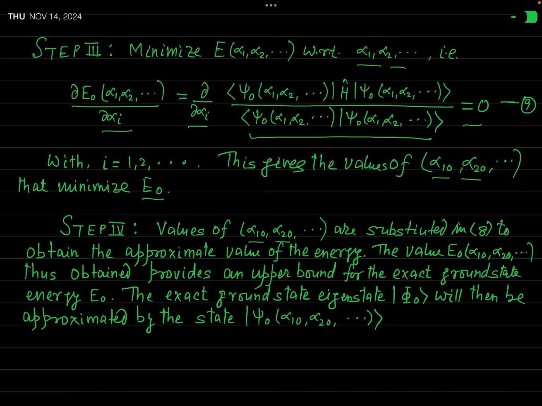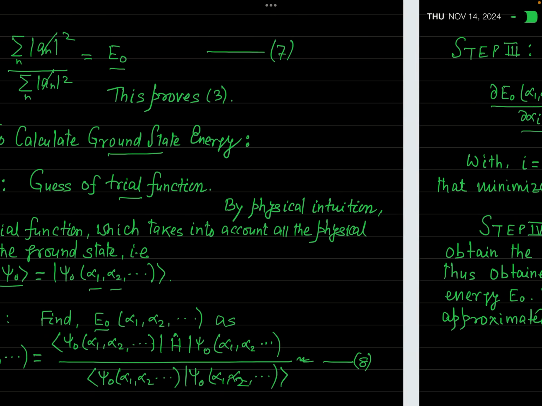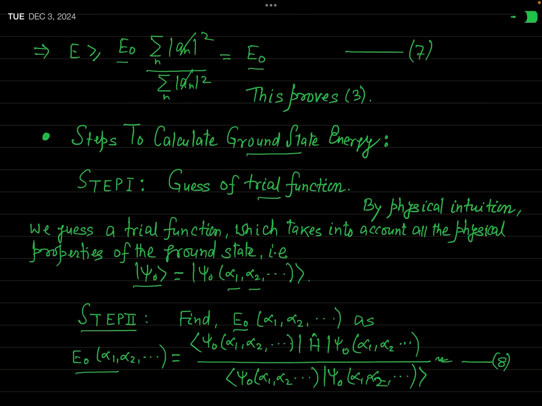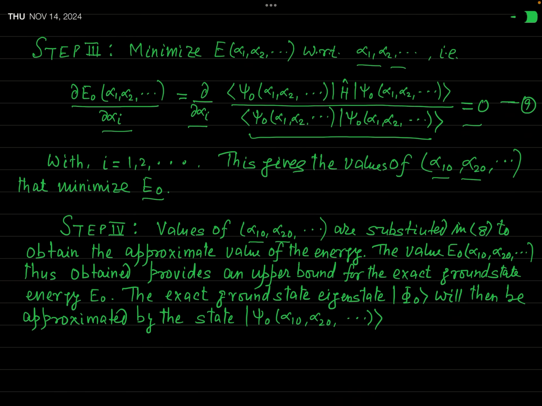Now after getting the values of alpha 1 0, alpha 2 0, alpha 3 0, all these values are substituted in this equation number 8 for getting the value of E naught, which is actually the ground state energy. So in this way, by solving equation 9, we will get the different values of alpha for which the energy E naught is minimum, and after getting those values we will substitute them in the previous equation, and then you will actually get the approximate value of the energy.